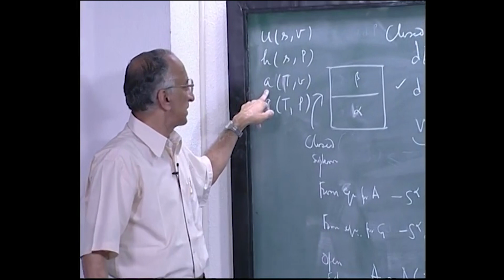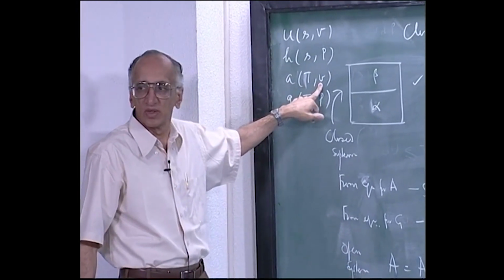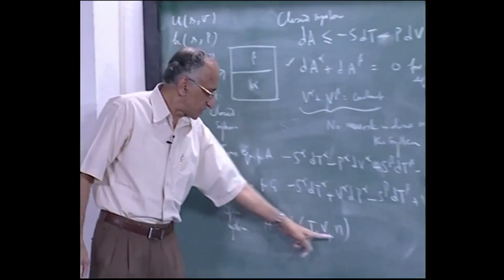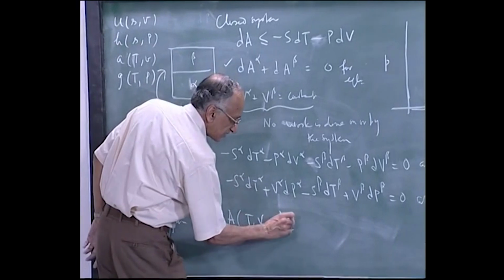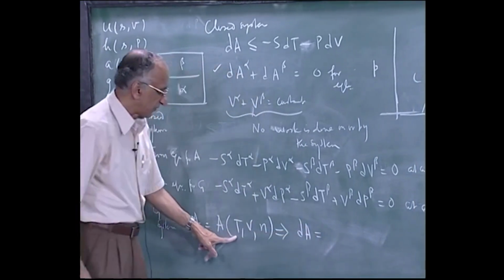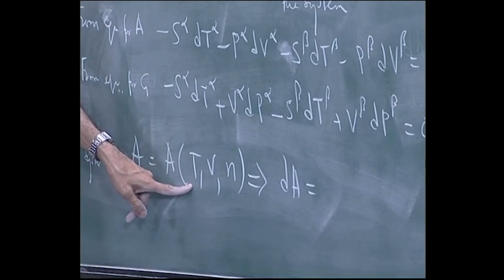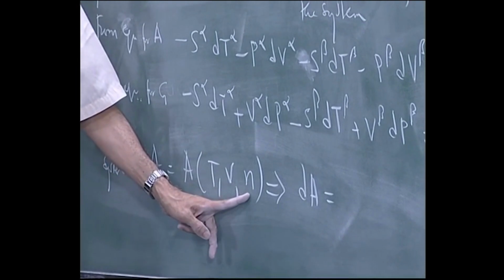If I keep the number of moles constant, this is specific Helmholtz energy, it is a function of T and small v, specific volume. But if you write it for the whole system, which is what we are writing here, I should have written this. This implies dA is equal to partial of A with respect to T, which would be minus S, because that partial is taken holding V and N constant.